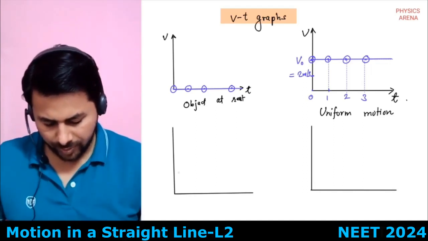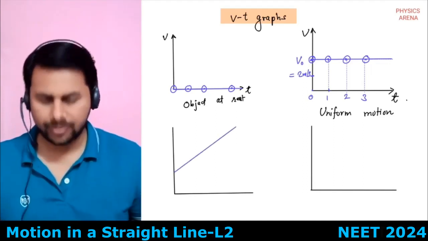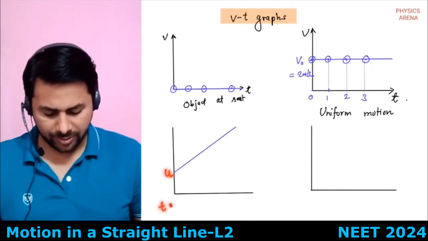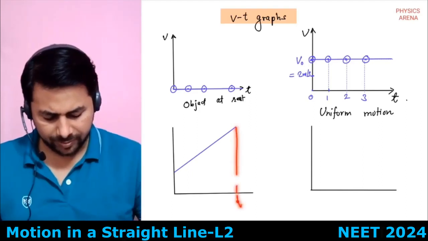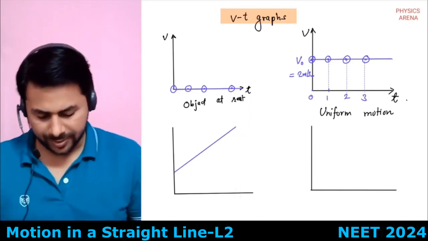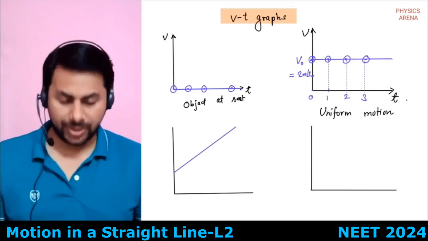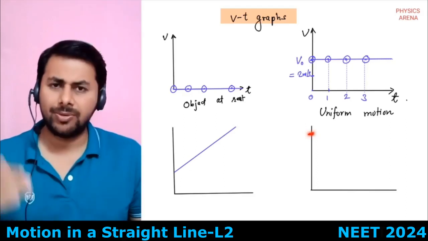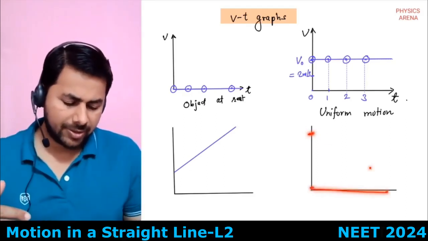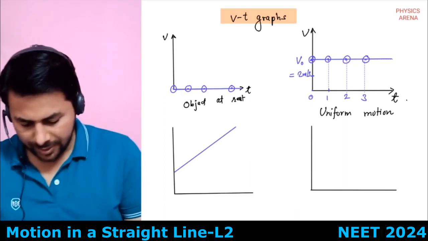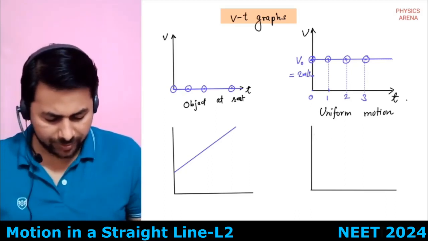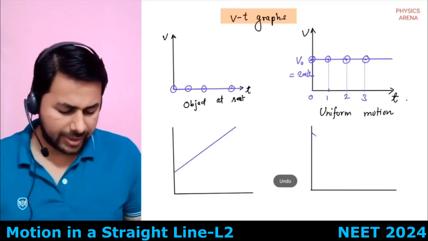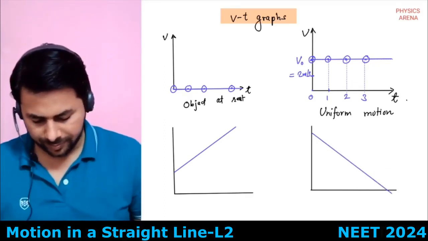So uniformly accelerated motion will be like this. It will have some initial velocity at t equals to 0. At some time t, its velocity will increase. So this is uniformly accelerated motion. And for uniformly retarded motion, its initial velocity will be more. As time increases, its velocity will decrease. This is also uniformly accelerated motion, you can say, but with negative acceleration.